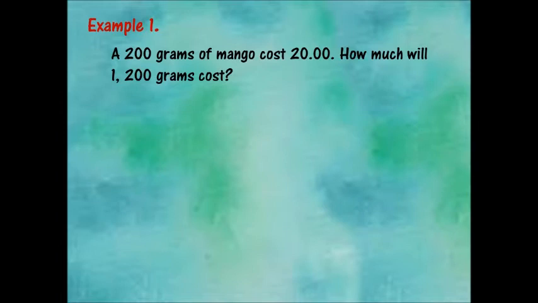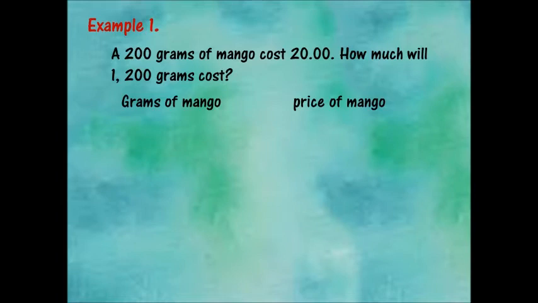So ano ba yung relationship nila? Ano yung dalawang variables na pinag-uusapan natin? Una, yung grams ng mangga, grams of mango, and the other one is yung price ng mango. Ito yung hinahanapan natin ng relationship.